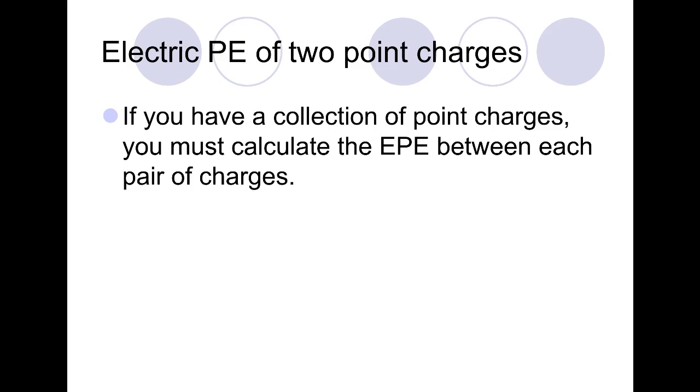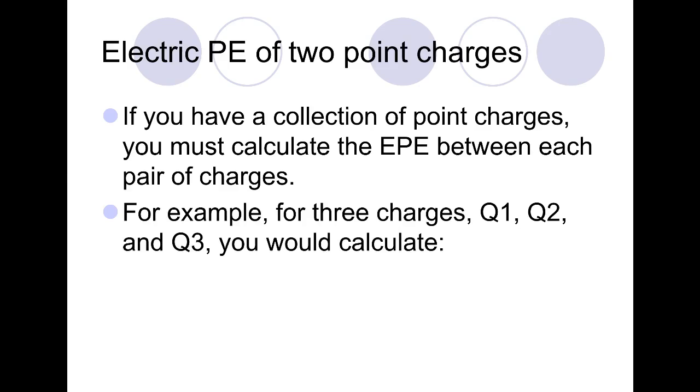So, what do you do if you have a collection of point charges? Well, you just have to calculate the electric potential energy between each pair of charges, and that allows us to calculate the potential energy of the system. Now with masses, we typically just did two objects in the system. But now it could get more complicated.